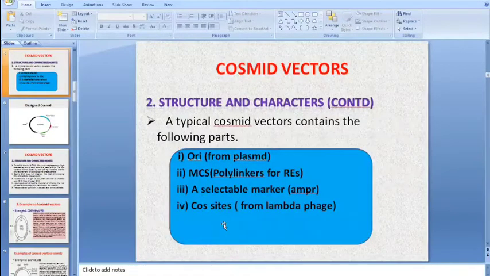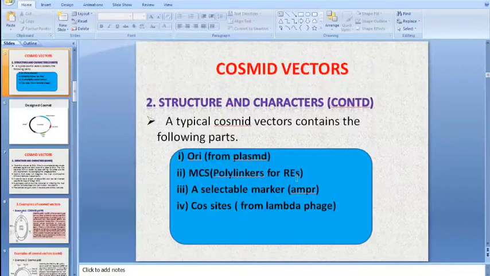Then, what is the typical structure of a cosmid vector? What are the parts present in it? A typical cosmid vector contains the following parts. Number 1, ORI, origin of replication.